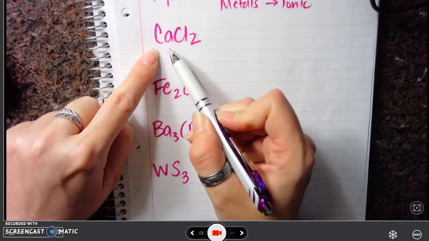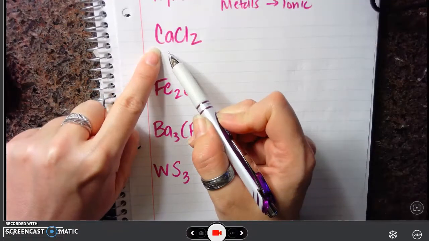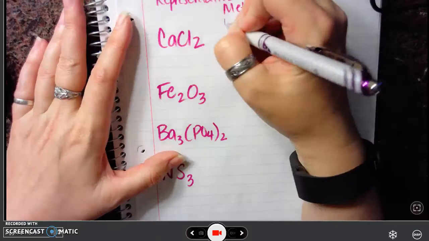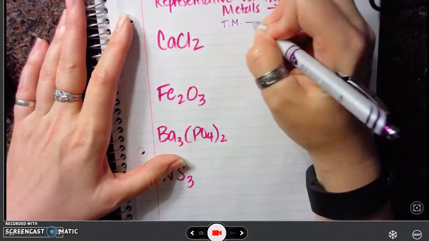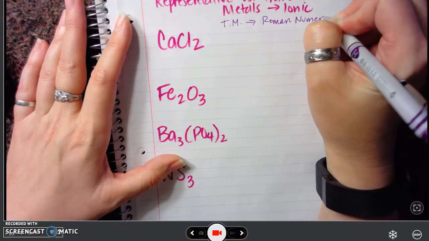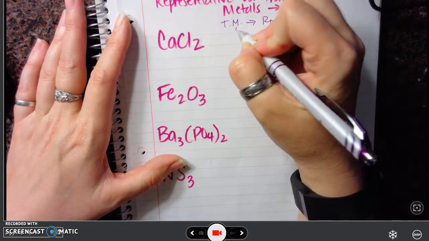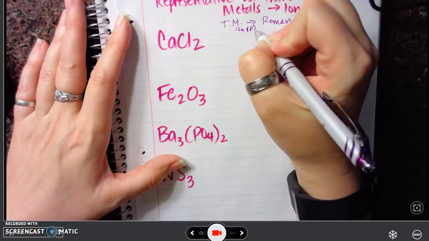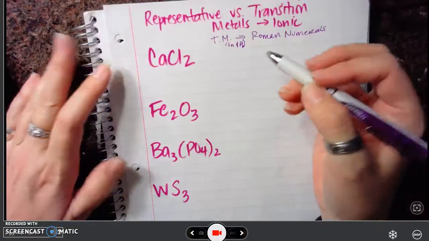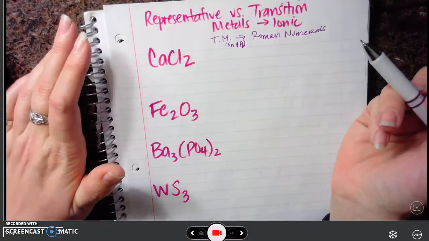When you look at the first element, find it on your periodic table and figure out, is it representative or not? If it's a transition metal, it's going to get Roman numerals. And don't forget, we also include tin and lead in that. I don't have tin or lead in my example problems, but if I did, we would give those Roman numerals as well.